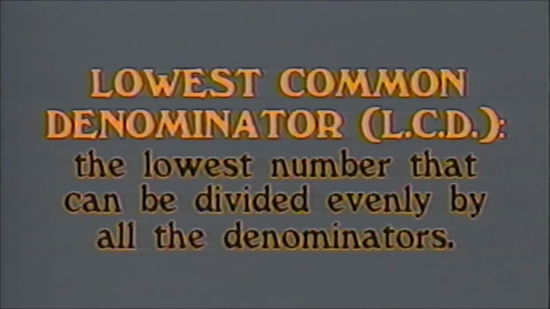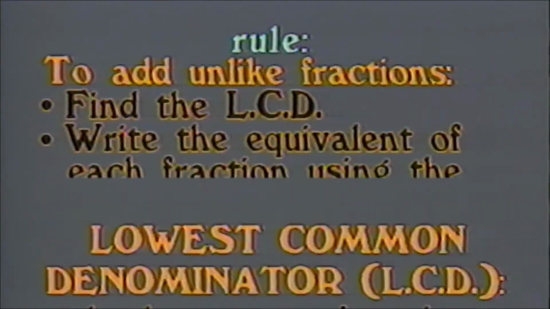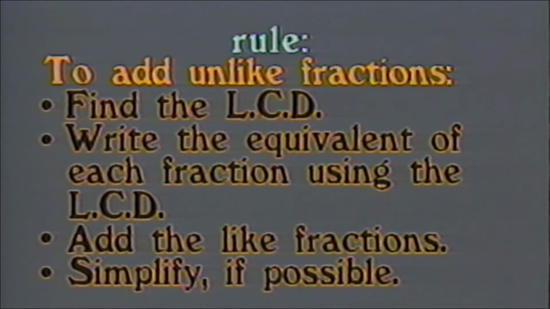Let's summarize. The lowest common denominator for any set of fractions is the lowest number that can be divided evenly by all the denominators in the set. Now, here's the rule for adding unlike fractions. Find the LCD.